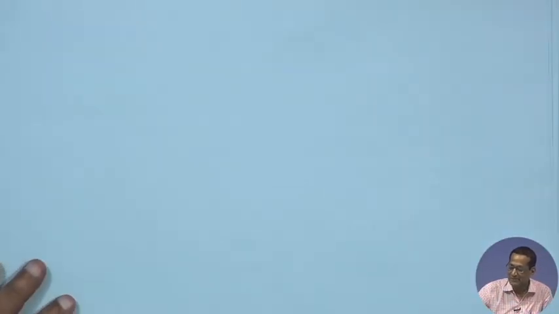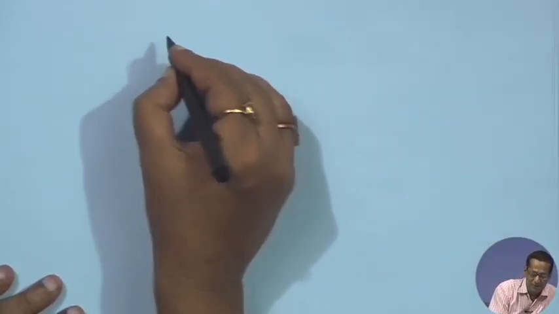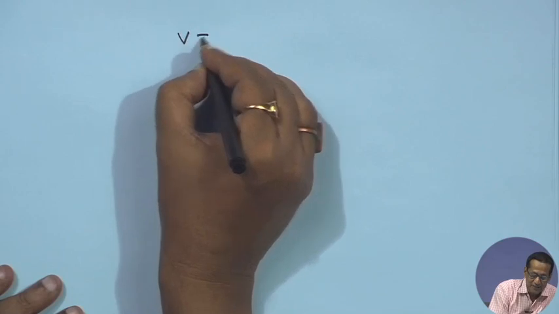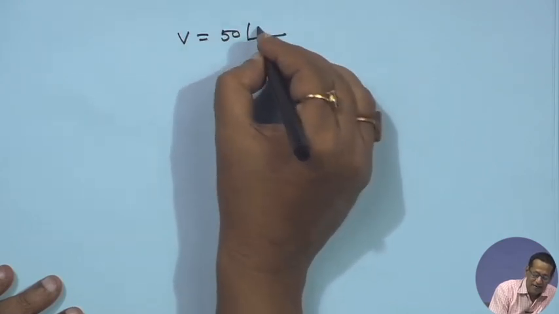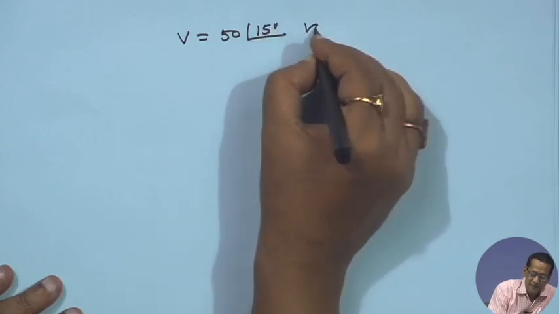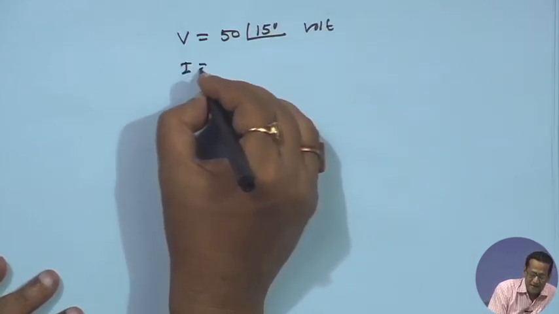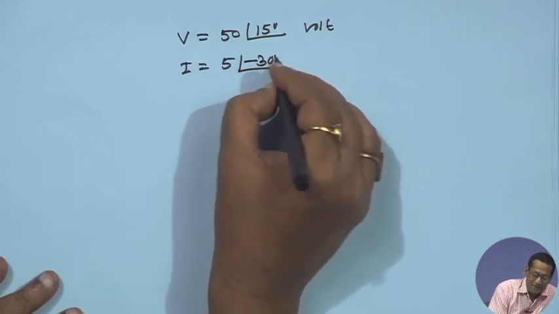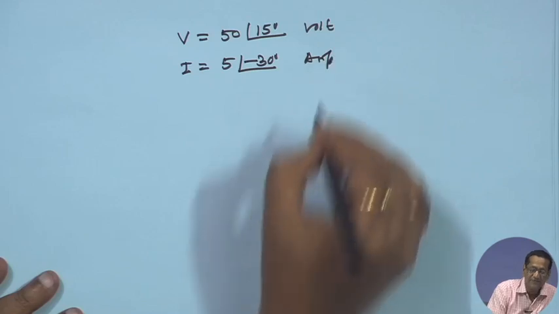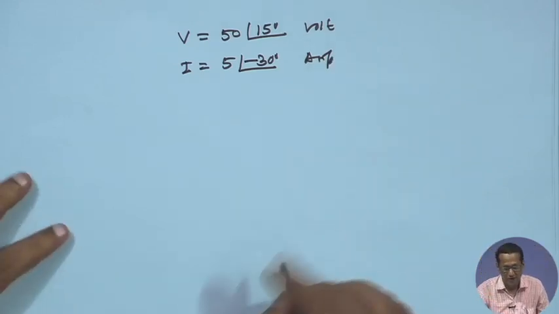For example, just for your understanding, suppose you have been given V is equal to 50 angle 15 degree volt, which is leading, and I is equal to 5 angle minus 30 degree ampere. Now, you have to find out P and Q. Now, how to find out?